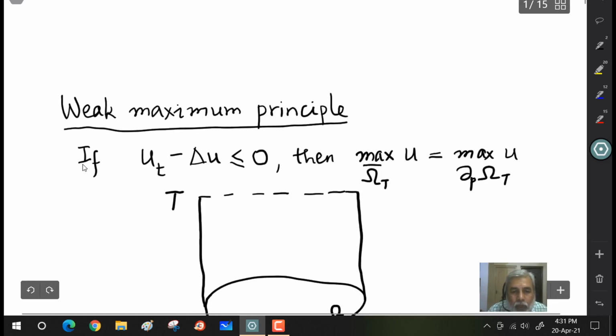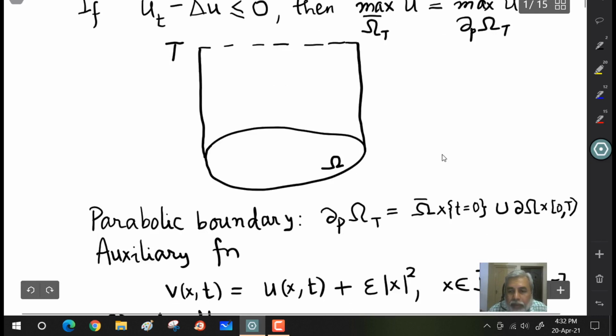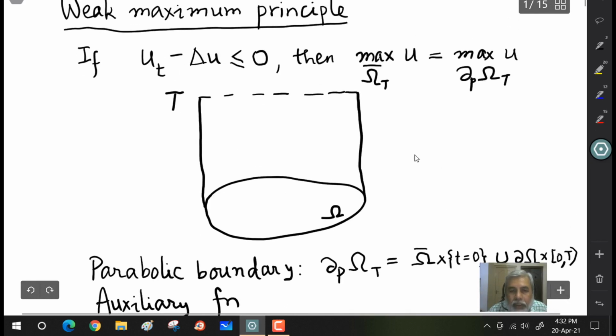If u_t minus Laplacian u is less than or equal to 0 in a domain in R^(n+1), where Omega is a bounded region in R^n and T is any positive number given, and we defined what is meant by the parabolic boundary in this situation.